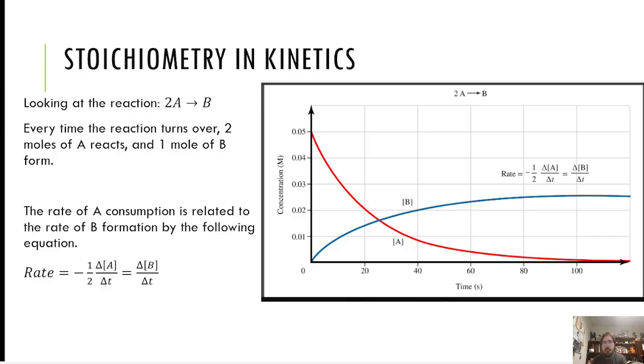But so B is increasing at half of the rate that A is decreasing. A is decreasing faster than B is increasing because it takes 2 moles of A to react and form 1 mole of B. So we can compare relative rates of two things together.